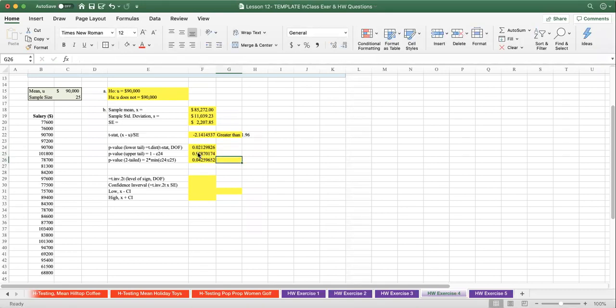So because we could have been on either side of this, right? mu does not equal 90,000. So it could have been more than that, or it could have been less than that. So you need a two-tailed test. And so in this case, we'd say that that is less than the 0.05 significance level, so we reject.